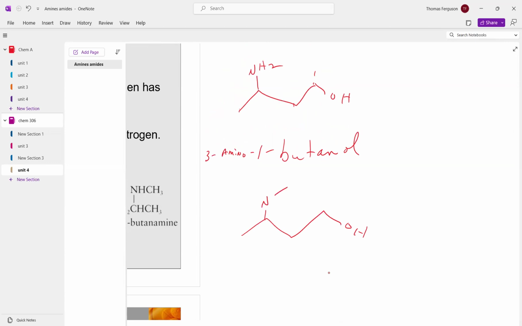The way you name that is, okay, it's got 4 carbons, so it's going to be butanol, primary alcohol.